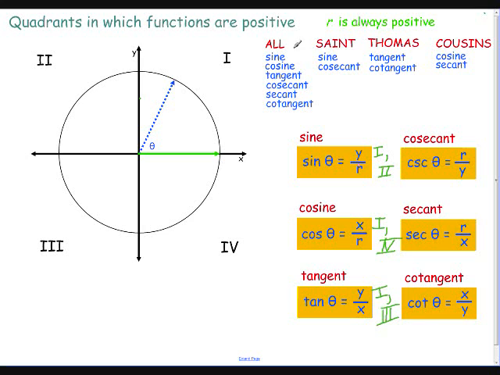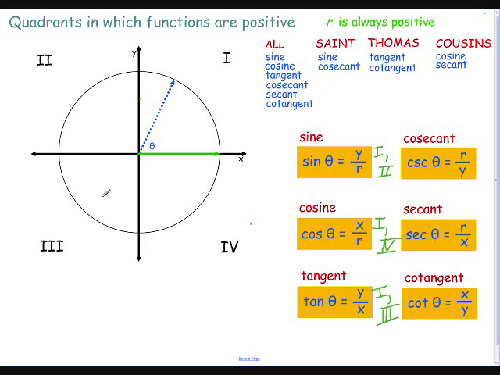There is a way to remember these. Think about it this way: the first quadrant, second quadrant, third quadrant, and fourth quadrant. Remember, we always go counterclockwise as we count these. All are positive in the first. Sine and its reciprocal in the second.